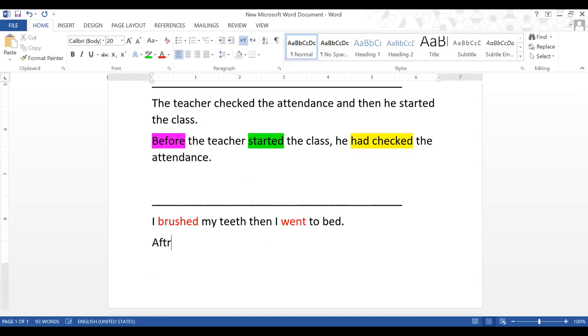I want to start with the word after. After I had brushed my teeth, I went to bed.